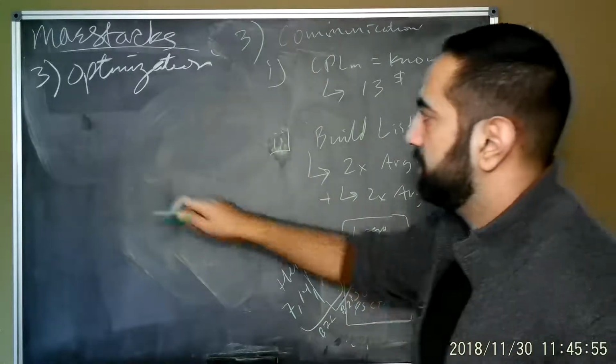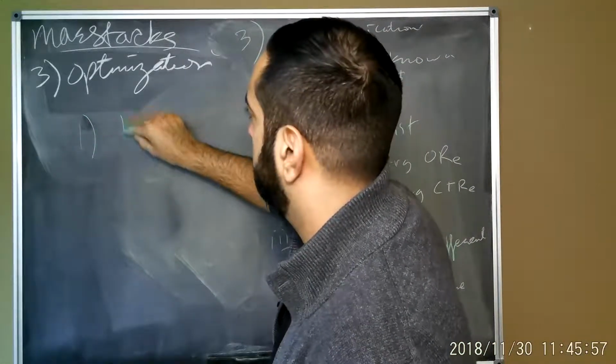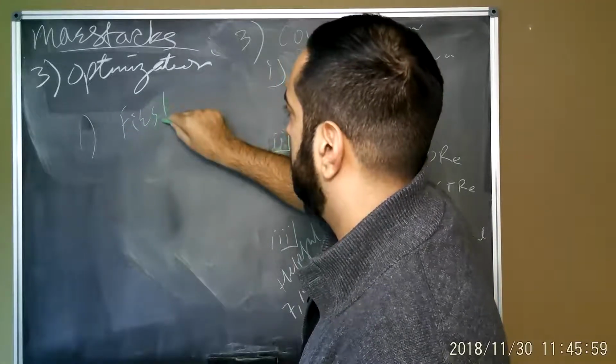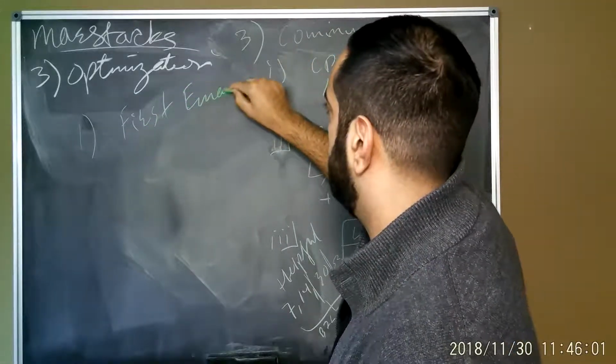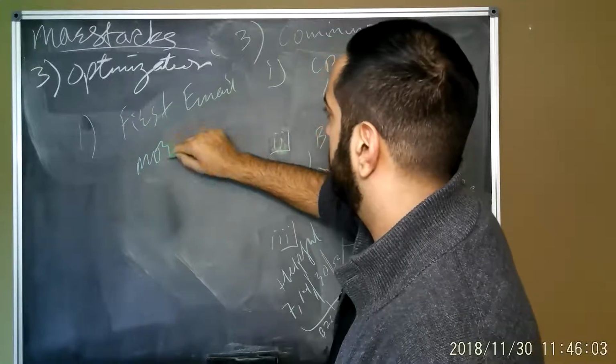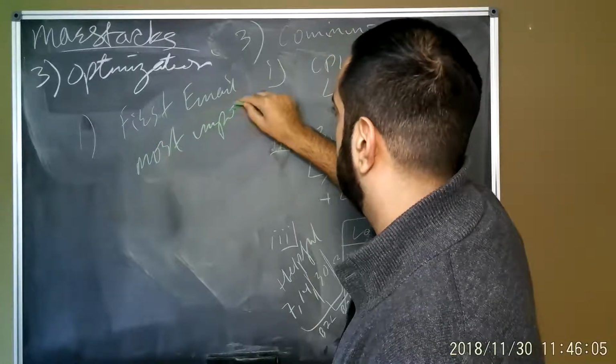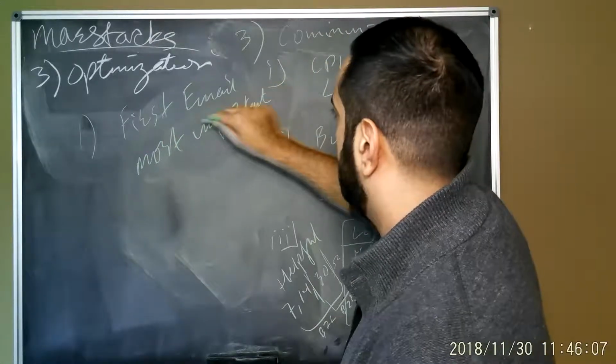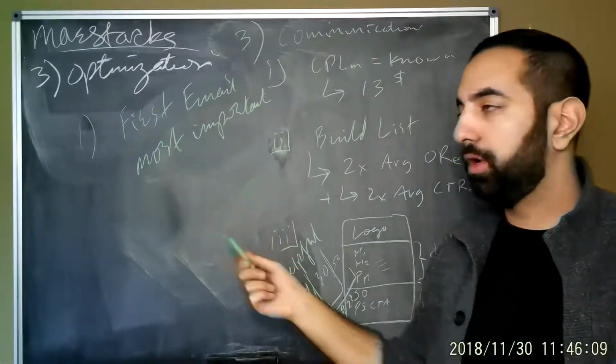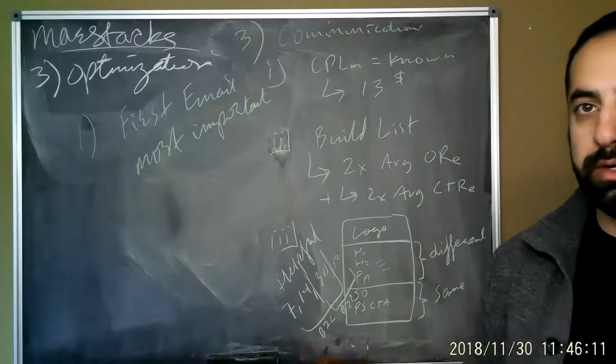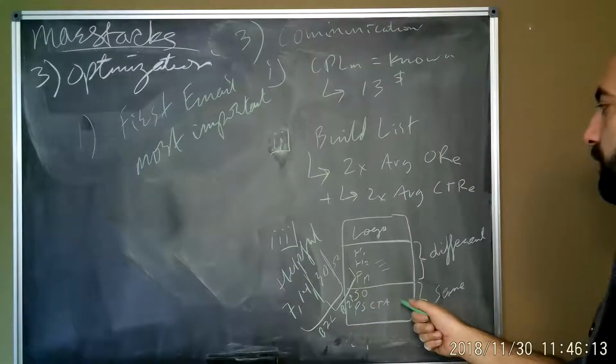Your first email is the most important email. It will dictate how many more emails someone will open up. Your subject headers are really important, and your CTA is really important.